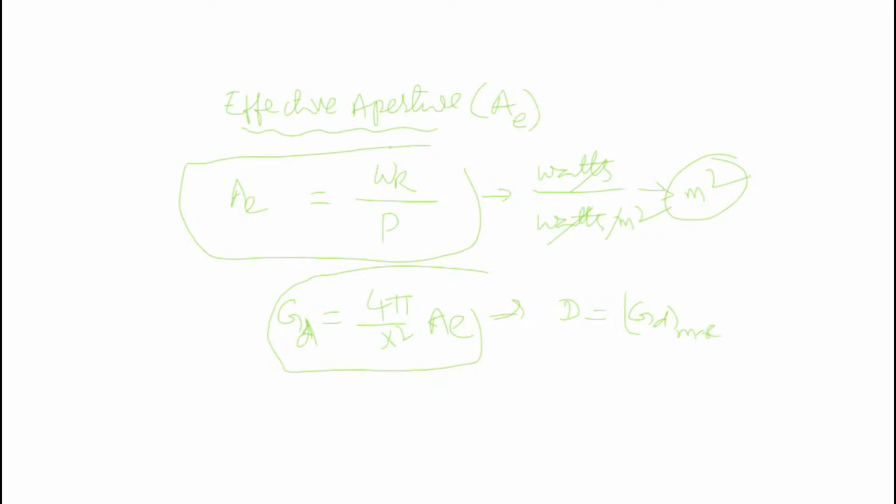At the given frequency, lambda is constant, and 4 pi is also constant. In order to get GD as maximum, AE should be maximum. So D equals 4 pi by lambda square into AE max. This is the relationship between directivity and maximum effective aperture. This is the relationship between gain and effective aperture.